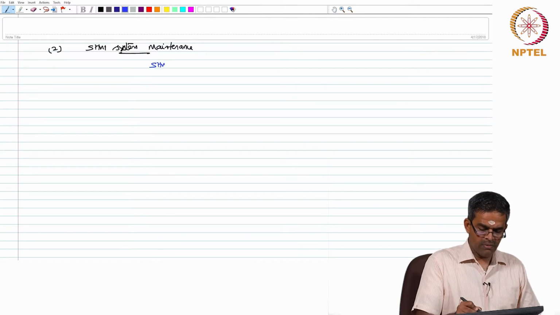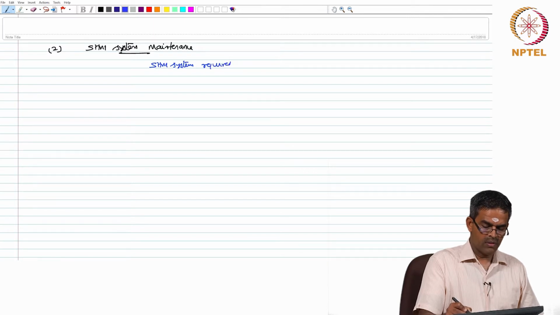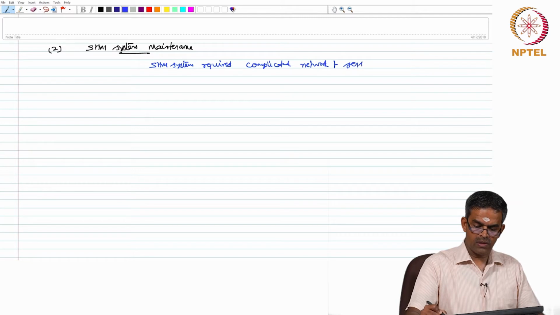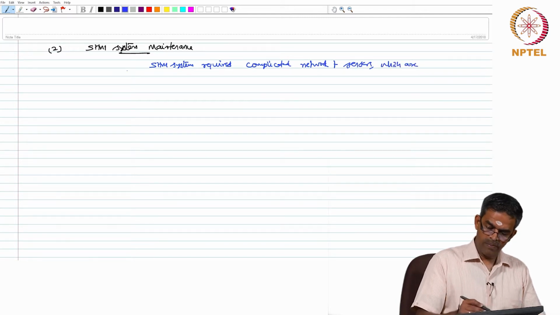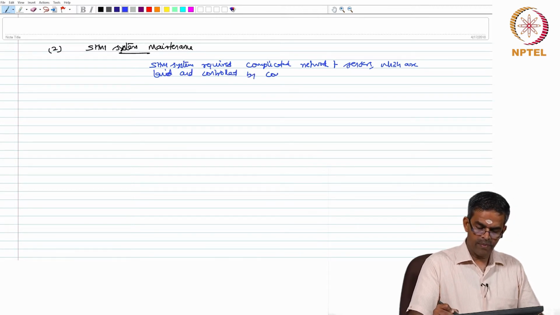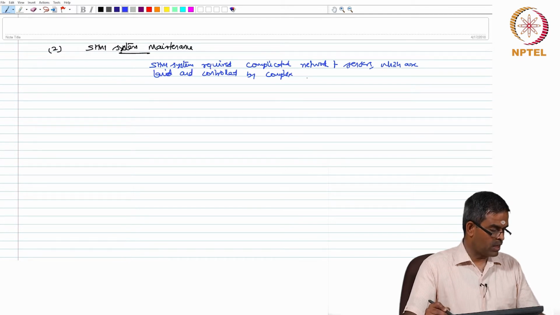In fact, SHM system requires complicated network of sensors which are laid and controlled by complex hardware and software.